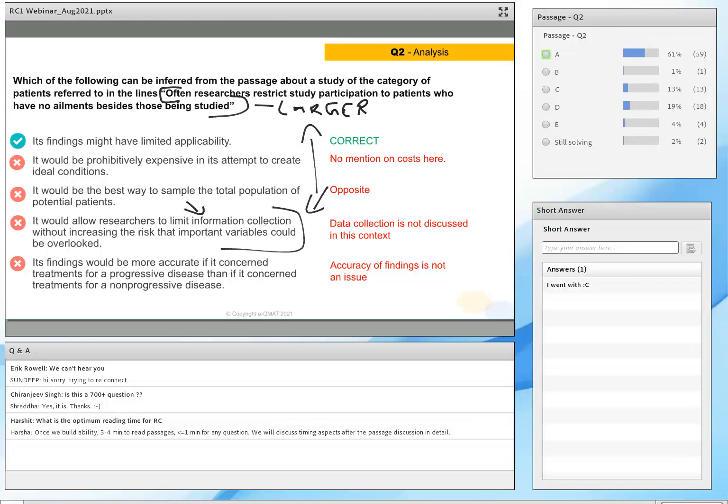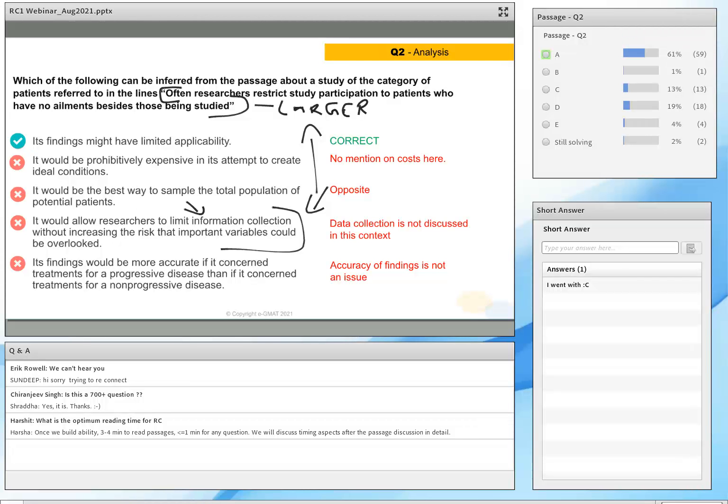The context has been changed, but just because you have read it in the passage, it would lure you to select it, because yeah, it was there in the passage, but you will probably not process the context correctly. So that's a snare over there. That's why choice D is out.